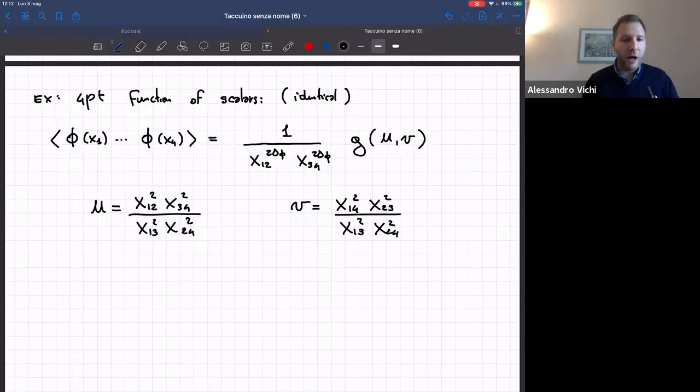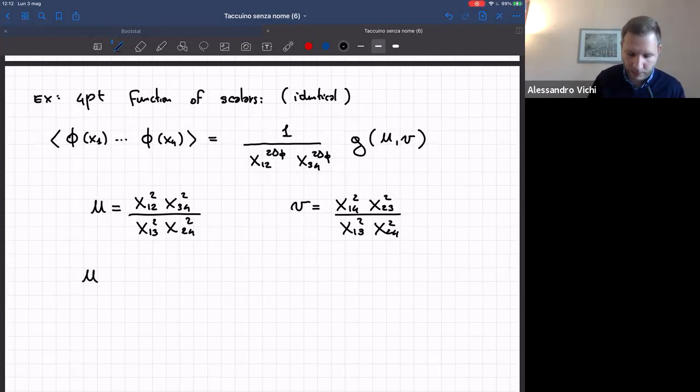These two objects are invariant under conformal transformation, which means that I can multiply the prefactor I had by a generic function of these two quantities and still maintain the right transformation. So covariance under conformal transformation alone does not fix the correlator for 4 or more points. A small comment about notation, which will be useful later.